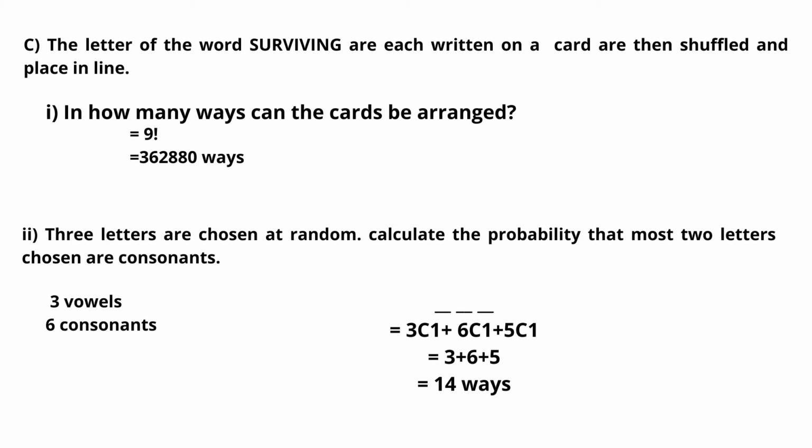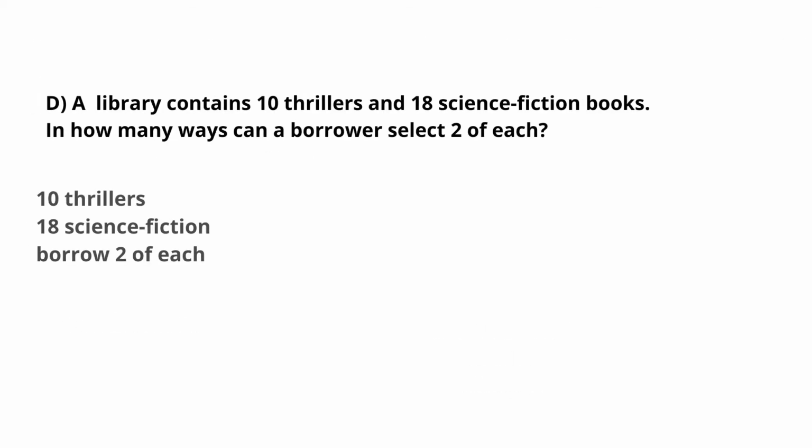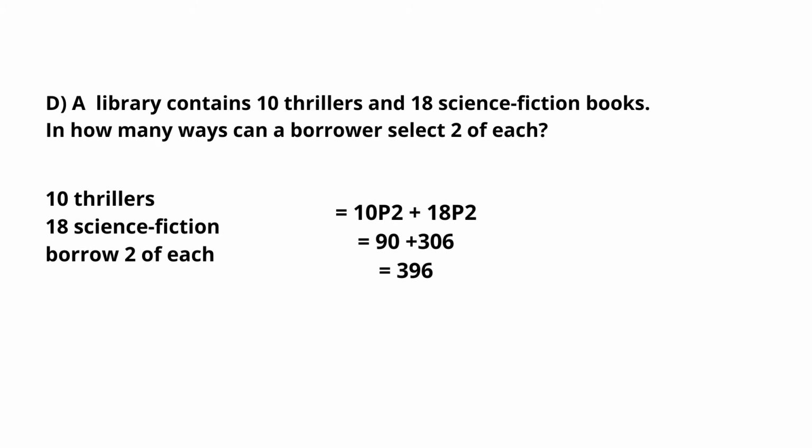So the last question: a library contains 10 thrillers and 18 science fiction books. In how many ways can a borrower select 2 of each? So this question wants to know how many ways a borrower can select 2 of each. So like usual, we take out all the information. We have 10 thrillers, 18 science fictions, and the borrower selects 2 of each.